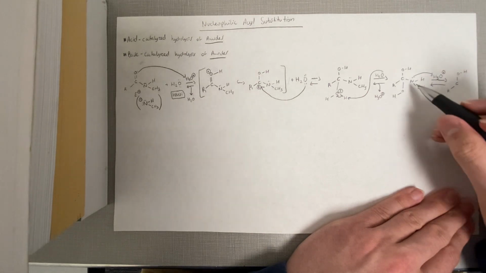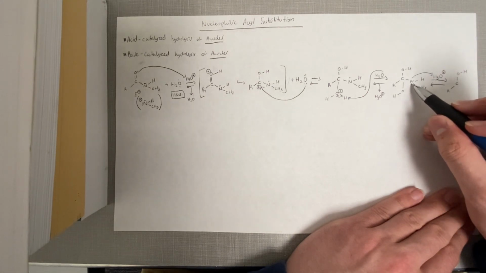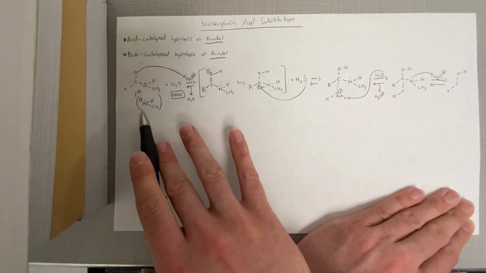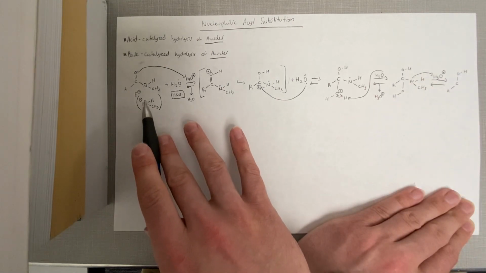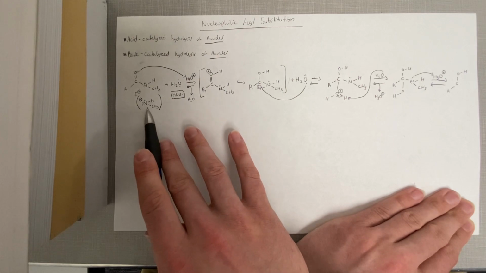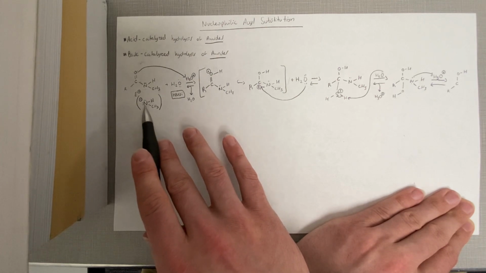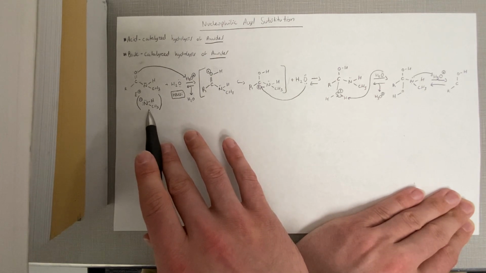This is because this group leaving would give us this anion, which is too strong of a base.